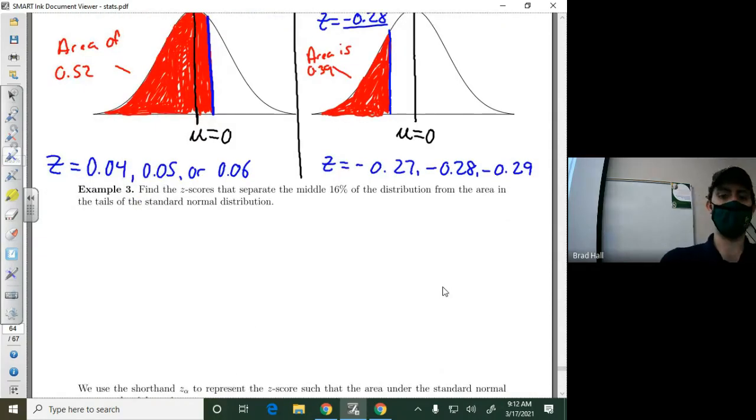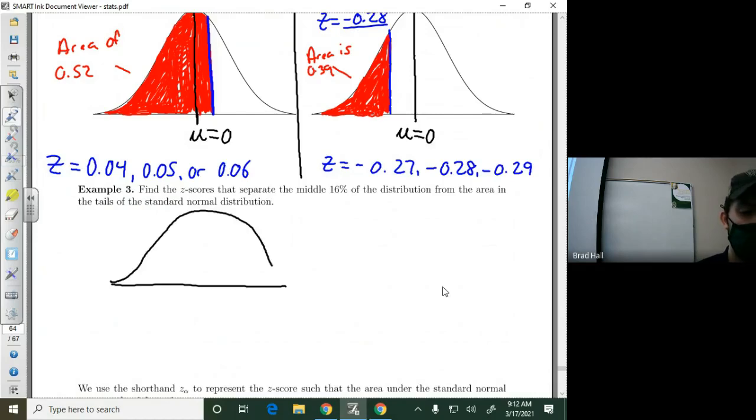If not, let's look at example 3 here. Find the z-scores, so we're looking for z-scores again, that separate the middle 16% of the distribution. Okay, well, I want to draw out a normal curve to illustrate this.